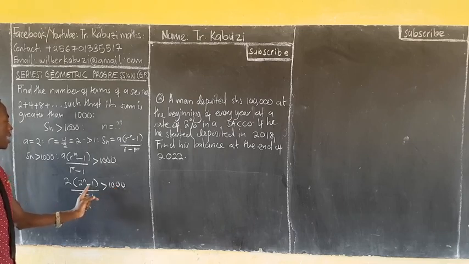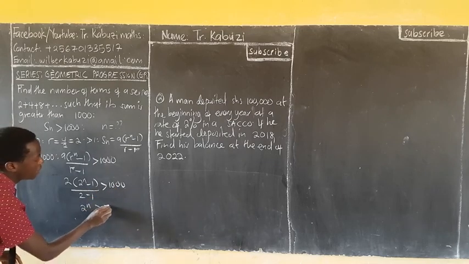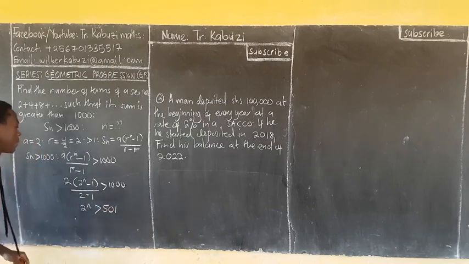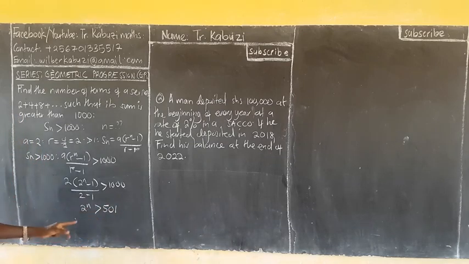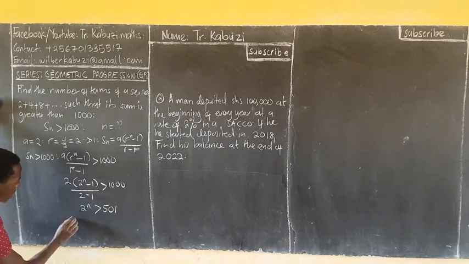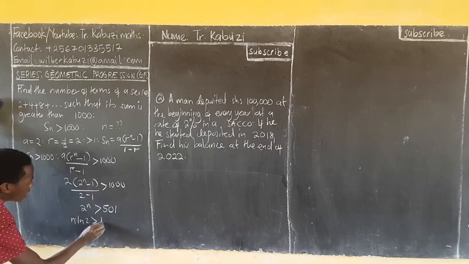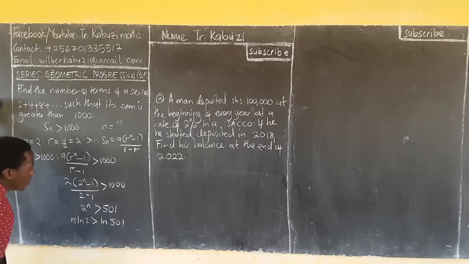Then I take the 1 to the other side, and I'll be having 501. So from here, members, all you do is press natural log on both sides. If I introduce natural log, I'll be having n natural log of 2 greater than natural log of 501.